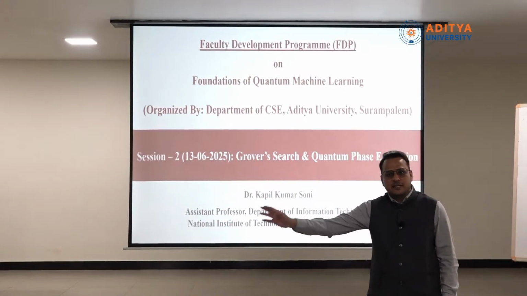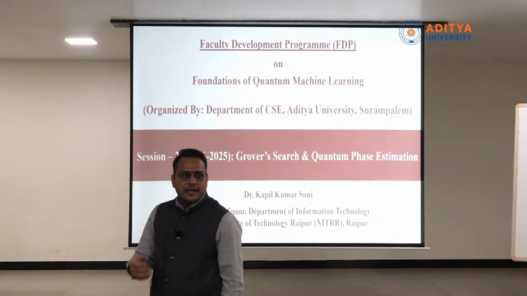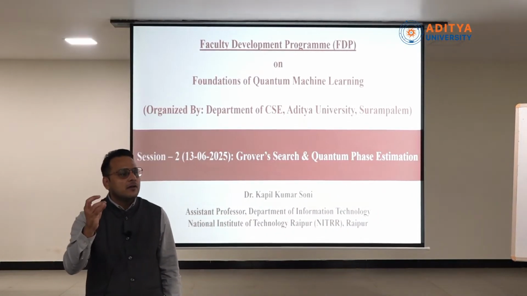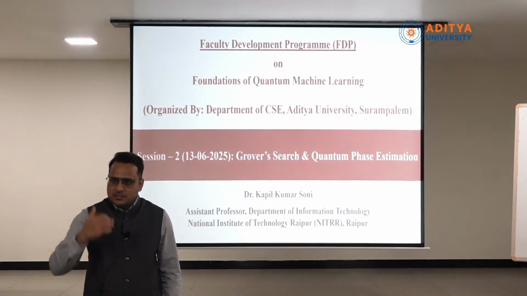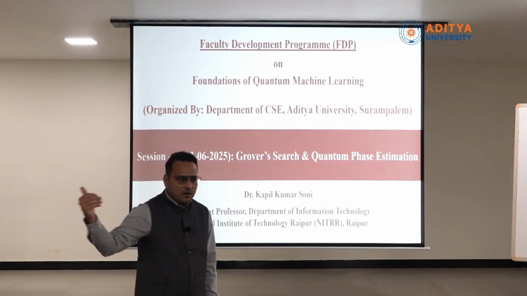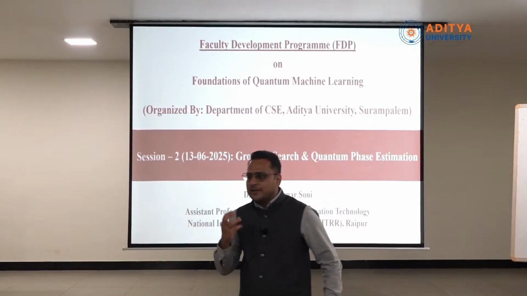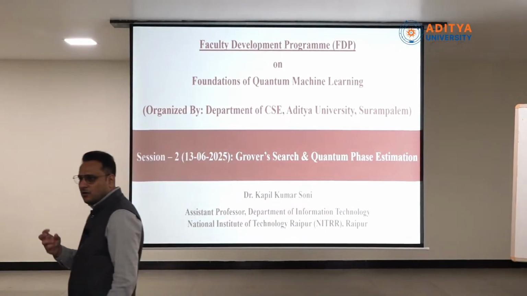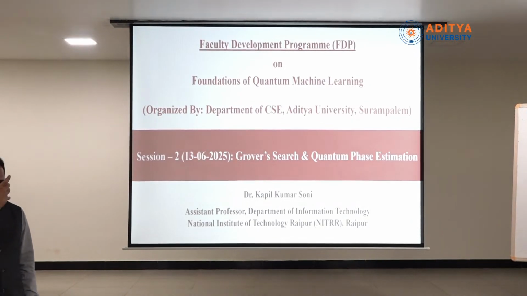It is a complex vector space allowing your vector to be measured either in terms of length or in terms of angle. Length means you may measure amplitude, and angle means you may measure phase. So either the phase-related information or the amplitude-related information can be obtained. To demonstrate these two things, we are going for Grover search and phase estimation.